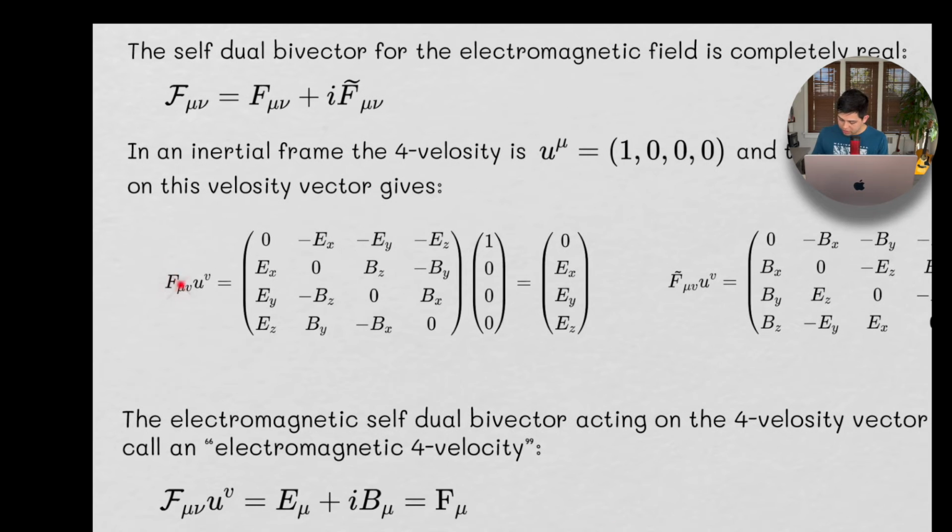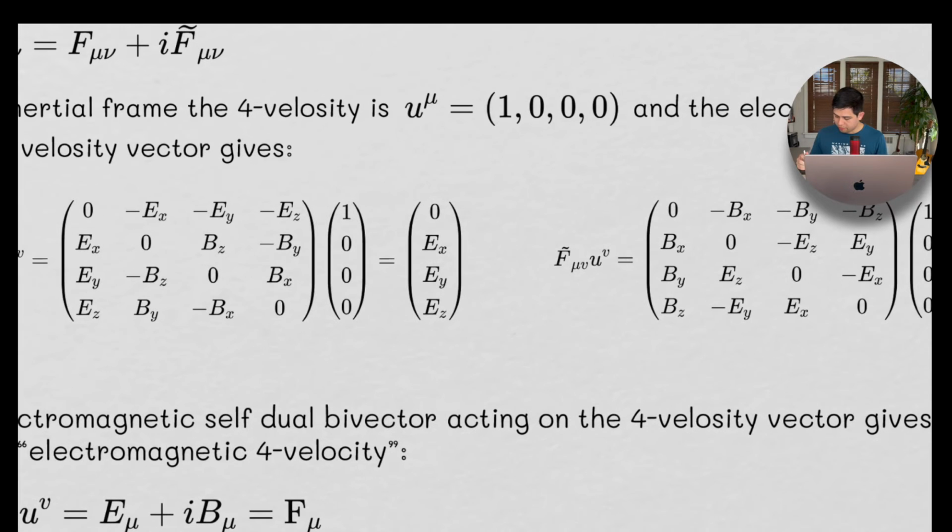So this here is our matrix. This F mu nu is this matrix, and then our u is our velocity vector. So the matrix applied to the velocity vector, this is just simple matrix vector multiplication.